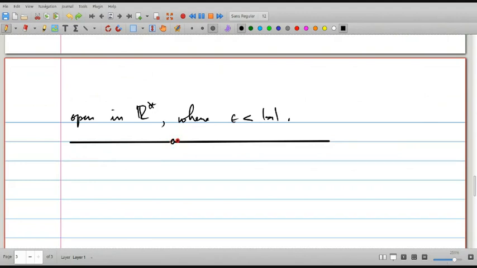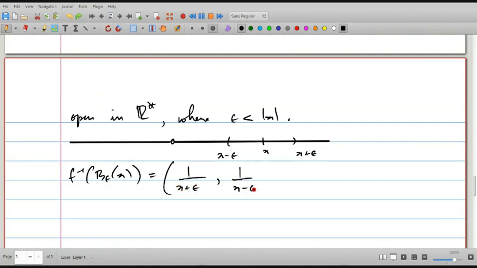This is 0. Let's say x is here, and this is x minus epsilon, x plus epsilon. Now it is easily checked that f inverse is equal to the interval 1 upon x plus epsilon, comma 1 upon x minus epsilon, which is open. So this proves that f is continuous.